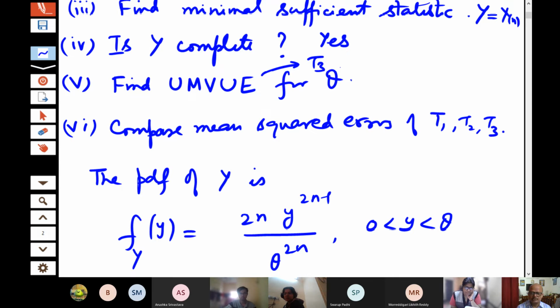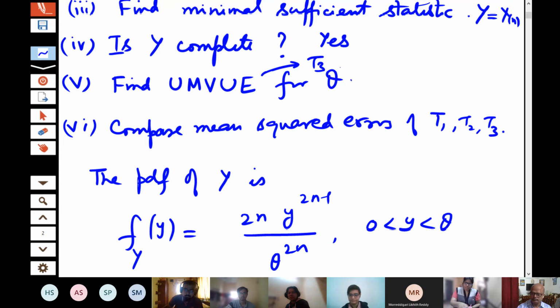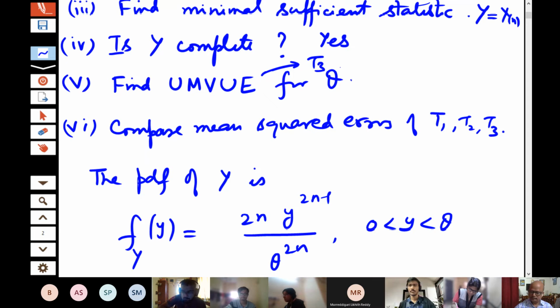Since the distribution of the complete sufficient statistic is known, you can immediately find it.